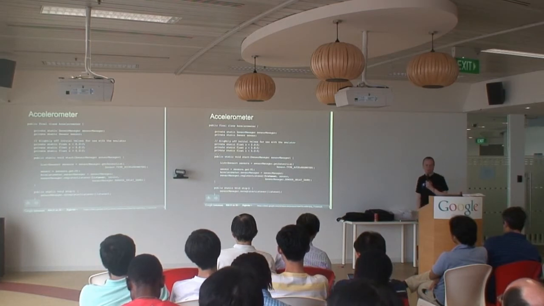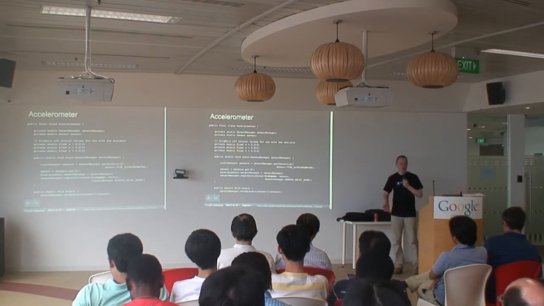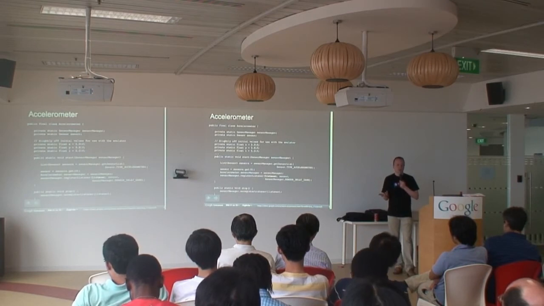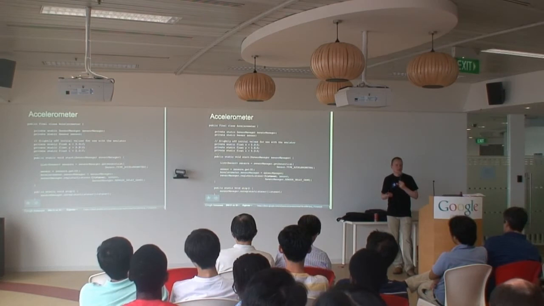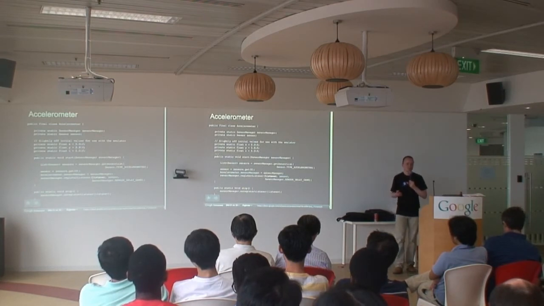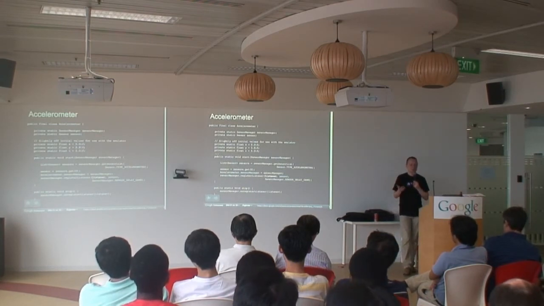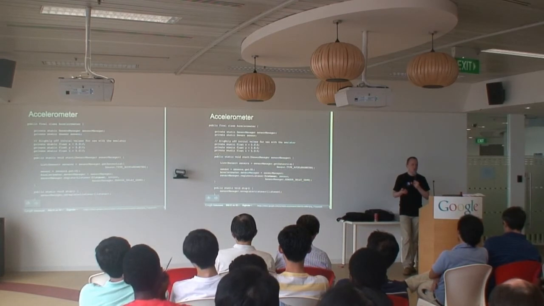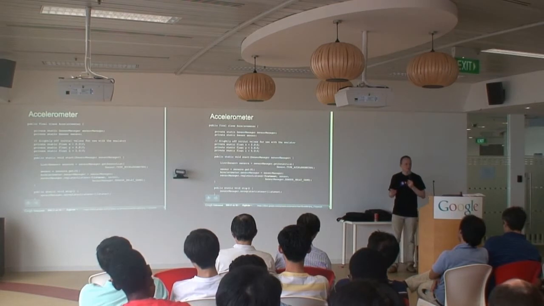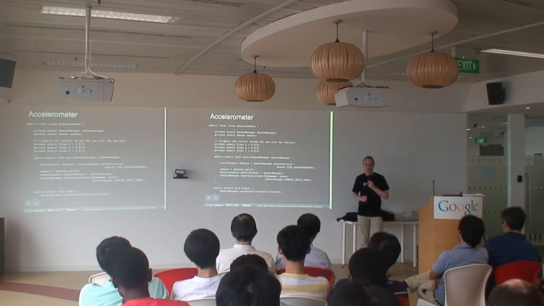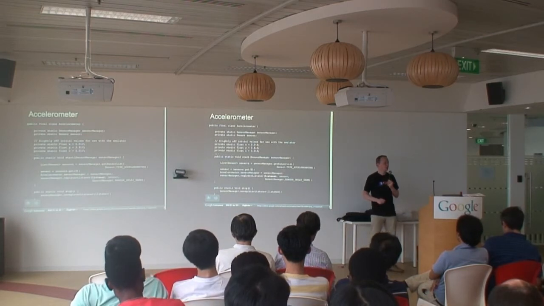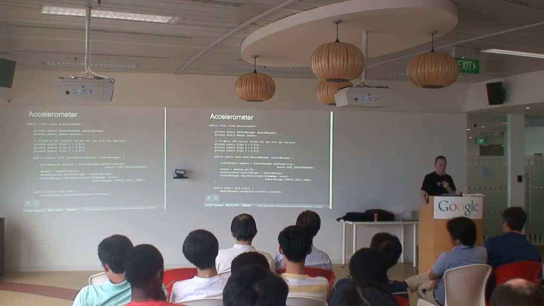The accelerometer is something we need to detect how the user tilts the device. And this is something that you would expect to just call some methods to get the tilt angle of the device. It's done a little bit differently in Android.